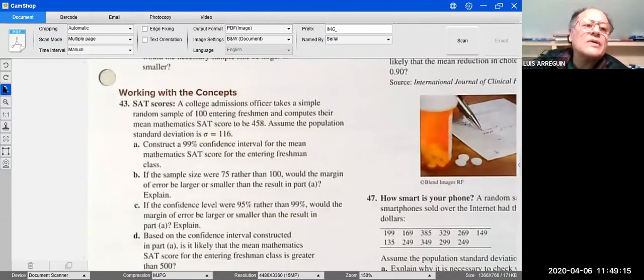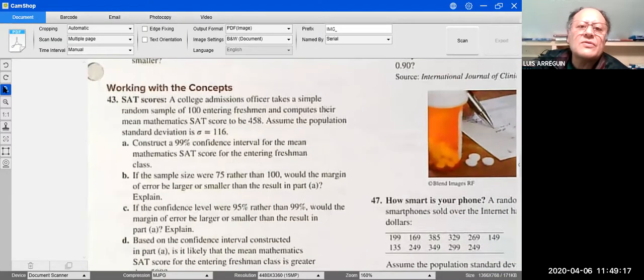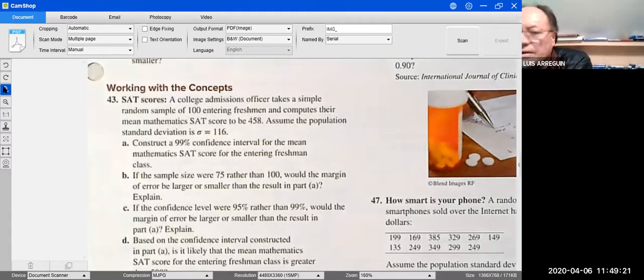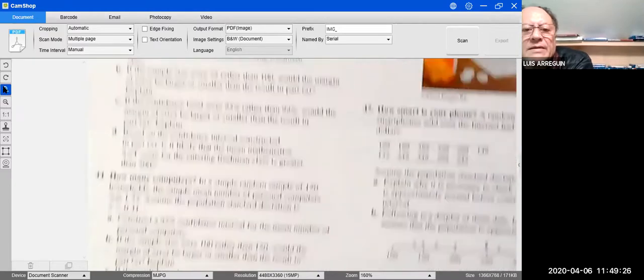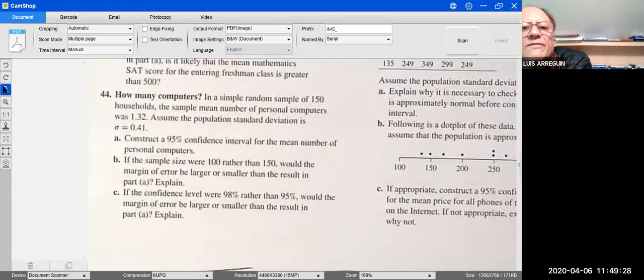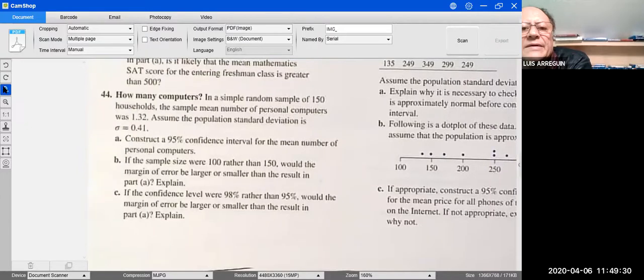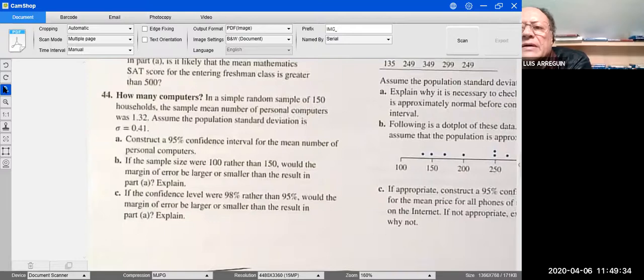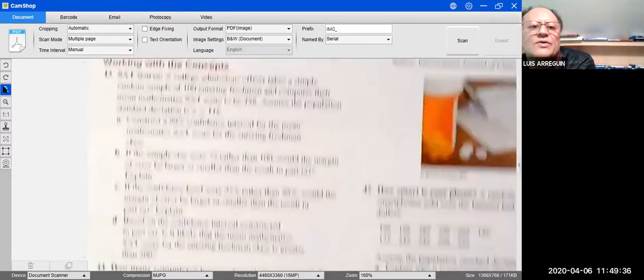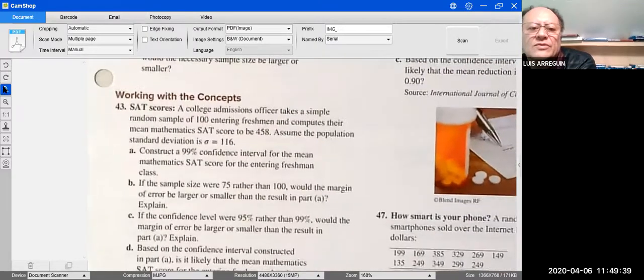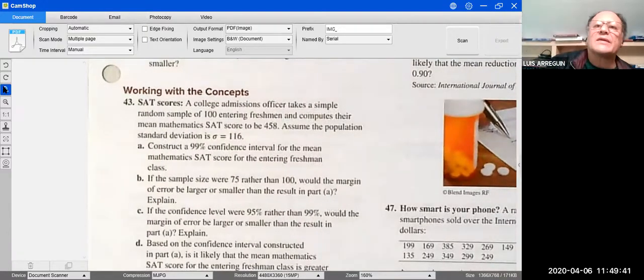Try to copy the most important information. So that's 43, and we have 44 here. So I'm going to pause the recording, and then you're going to have time to solve these problems and send me your answers via chat. So let me stop the recording.